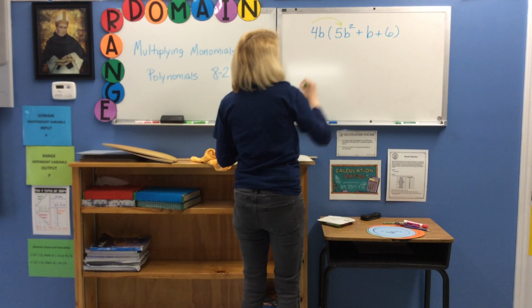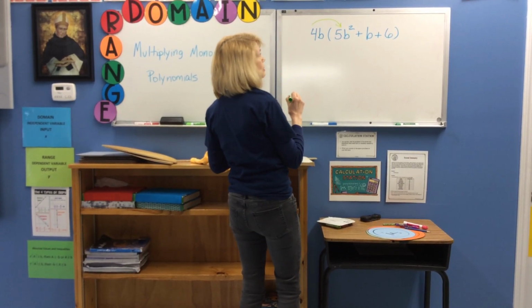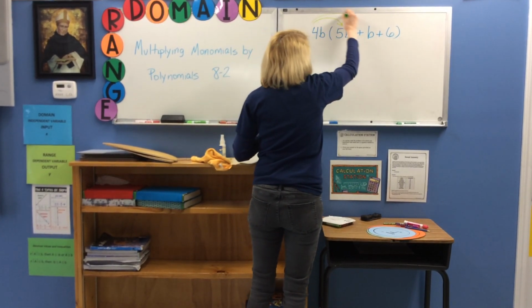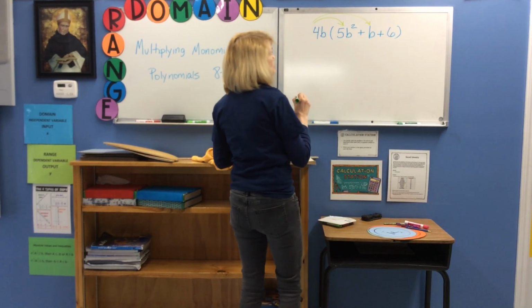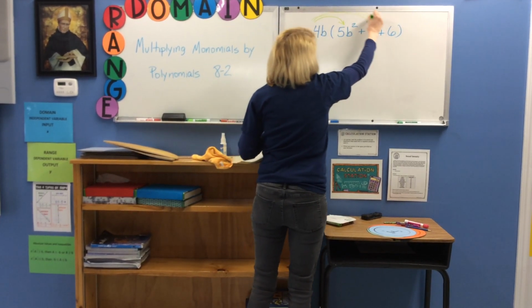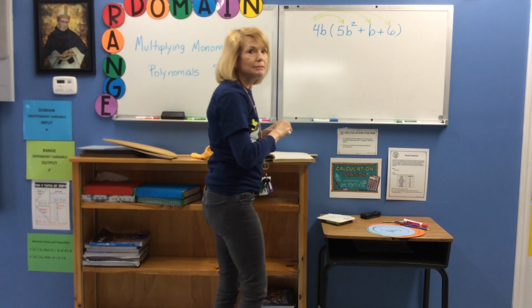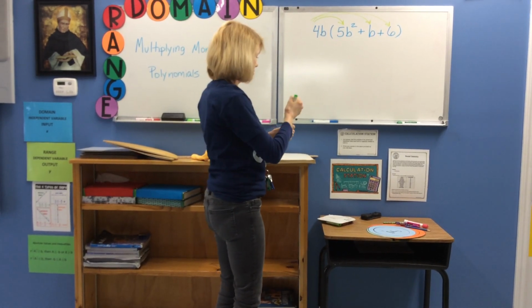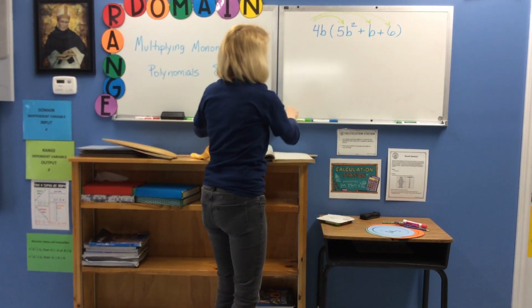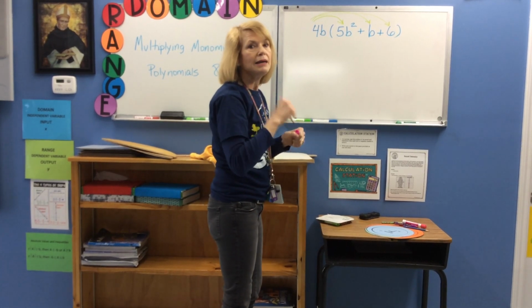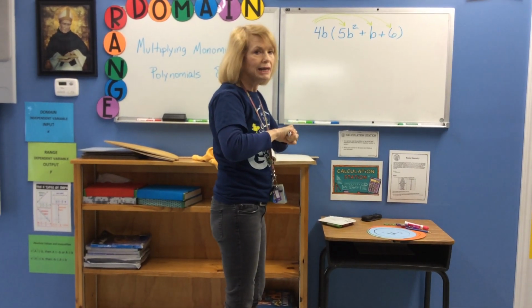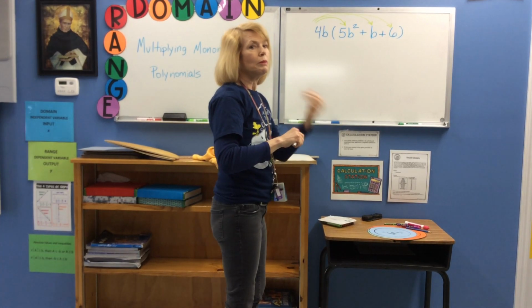So we have 4b times 5b squared, 4b times b, and 4b times 6.